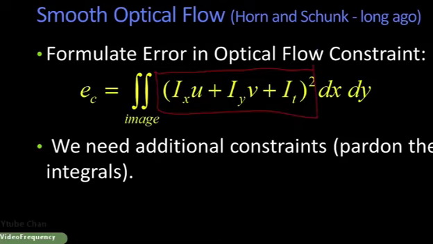Basically, that middle term right there, that's supposed to be 0, right? IxU plus IyV plus It is equal to 0. So violations of that mean that it's not 0. Sometimes it's positive, sometimes negative. I square it and I sum it up over the whole image. That would be how bad my flow is with respect to the constraint equation.